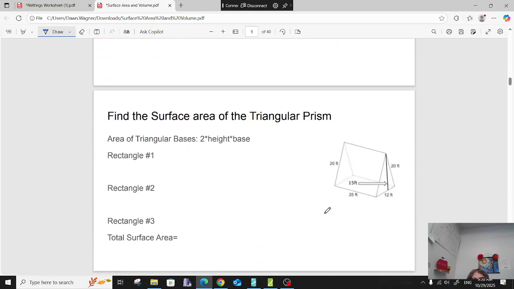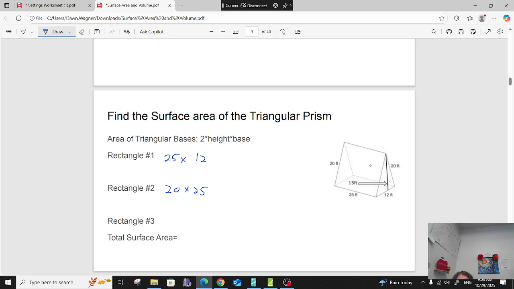Over here, I have 3 rectangles. Everybody agree? What is the dimension of one of the rectangles? 25 by 12. That's the one it's sitting on. Then I have this one, that's a 20 by 25.